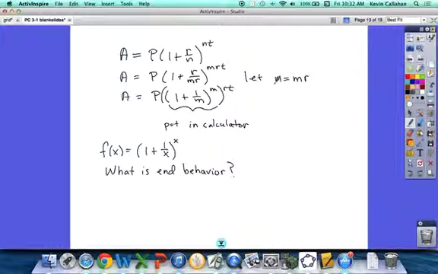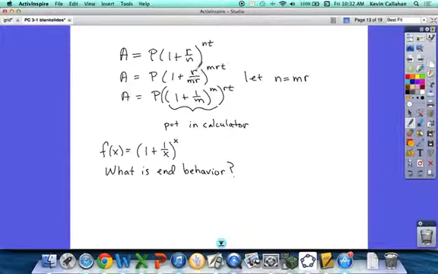When the n increases, the m increases. They vary directly, like we learned about variations. One goes up, the other goes up. Because I substitute n equals mr, in that formula I put in an mr, and in the exponent, in place of the n, I put an mr.